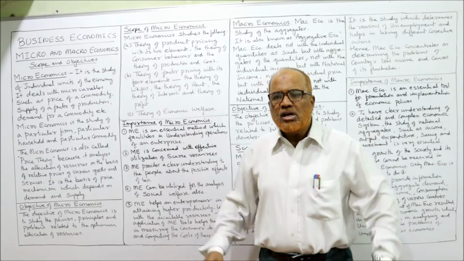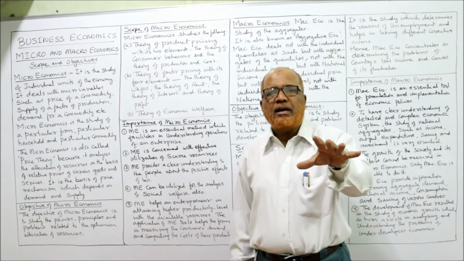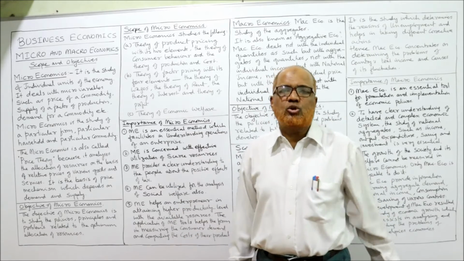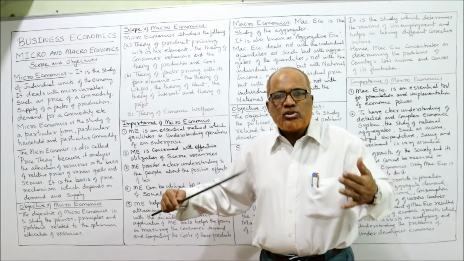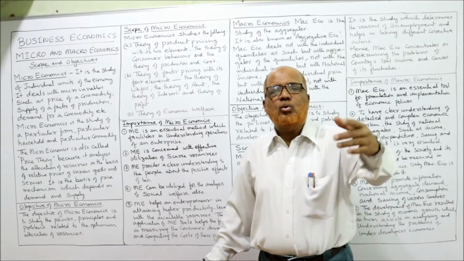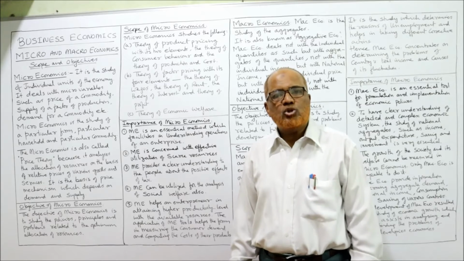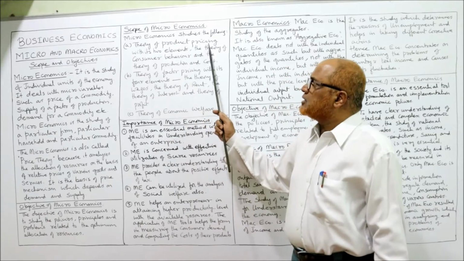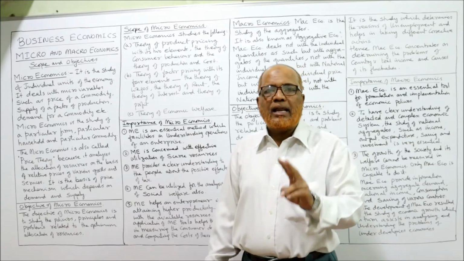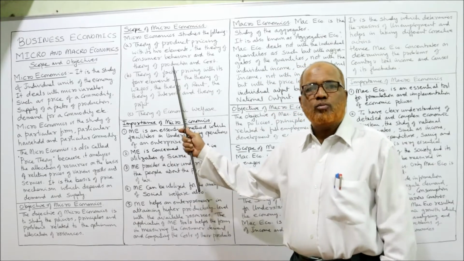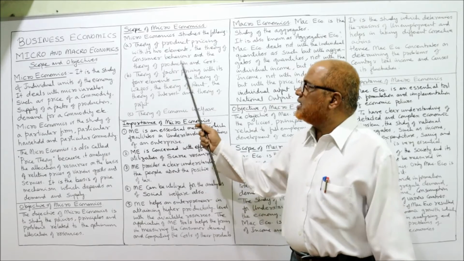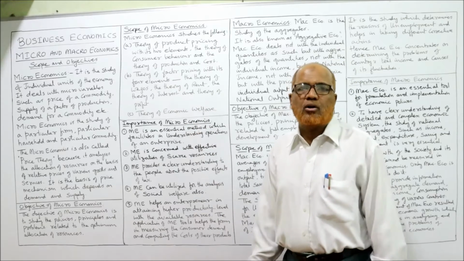Consumer behavior, because the whole economy depends on the needs of the consumer. We will produce only those goods which are required or consumed by the consumer. So product pricing has two elements. One element is consumer behavior and the second element is the theory of production and cost.